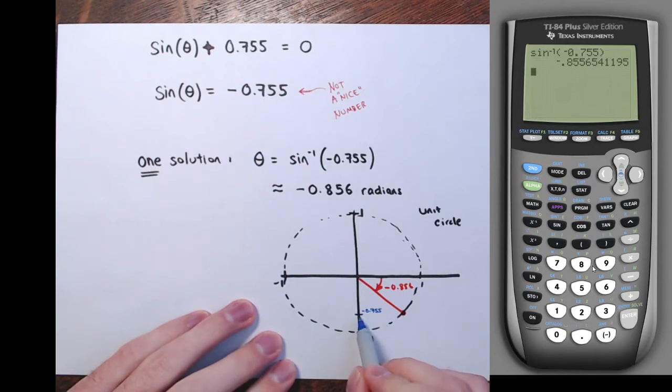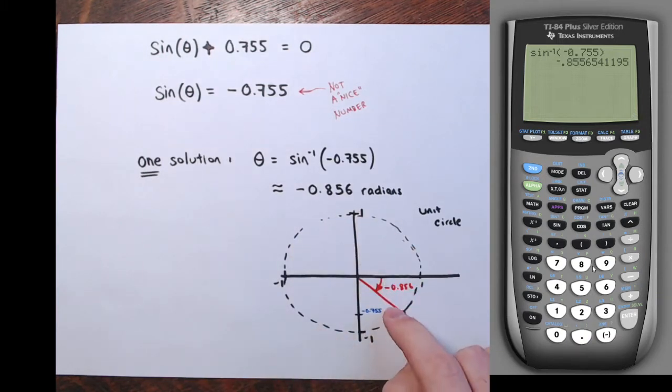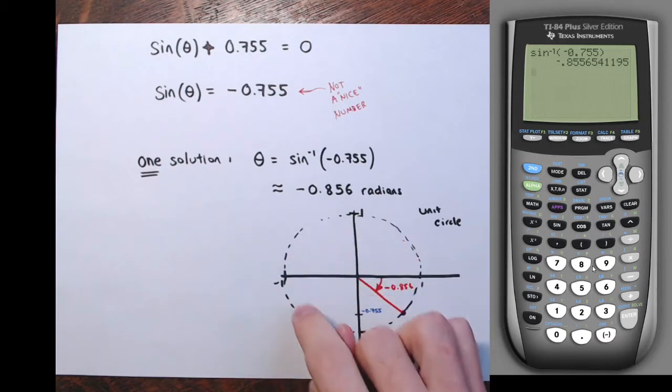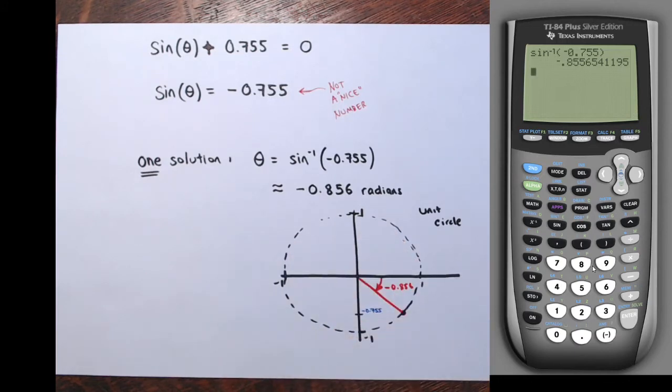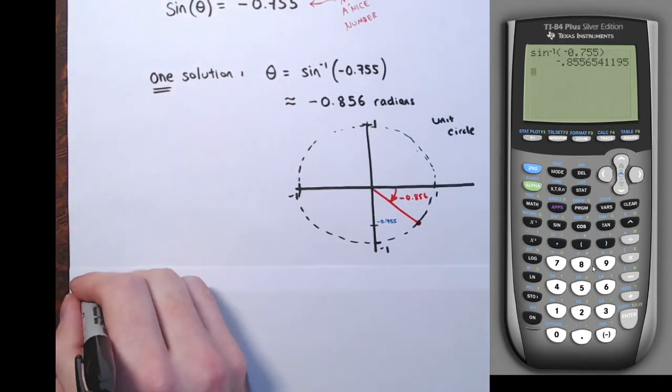So again, one solution is this. Now, to find other solutions, remember, once you have one solution, you can just keep adding 2 pi and subtracting 2 pi. So I'm going to start on another piece of paper and start writing out the general solution.